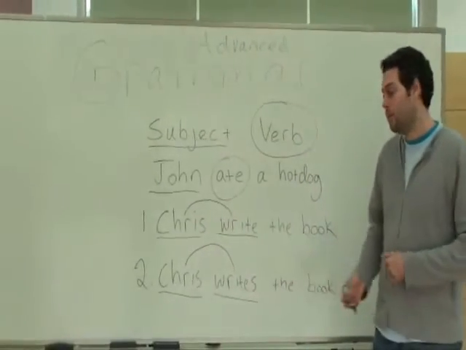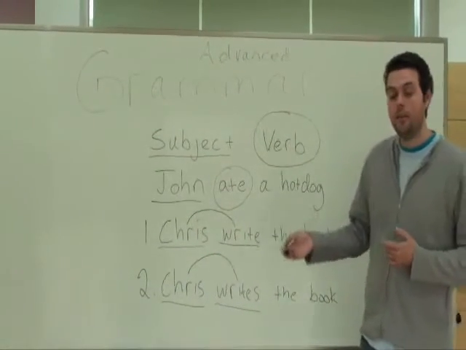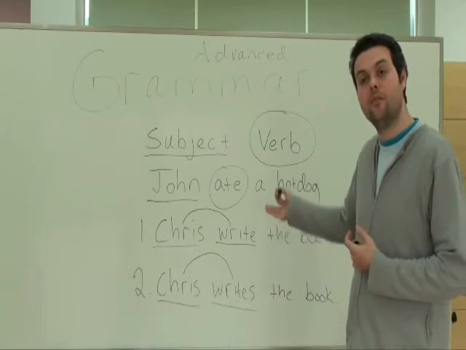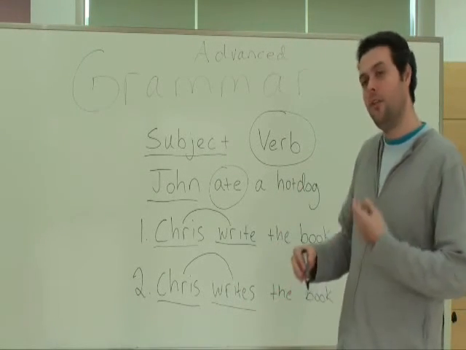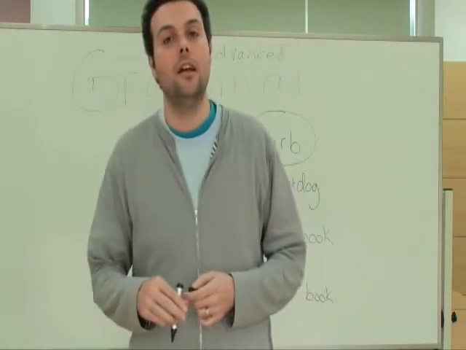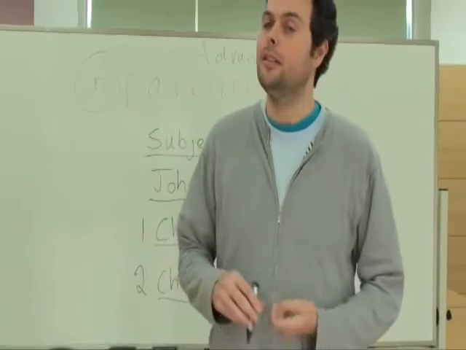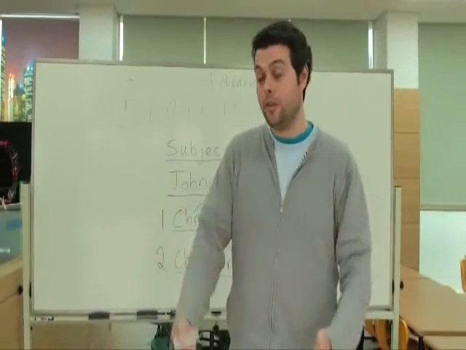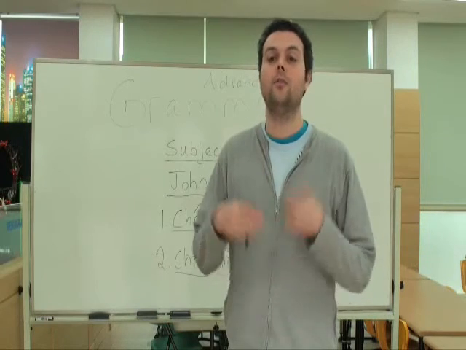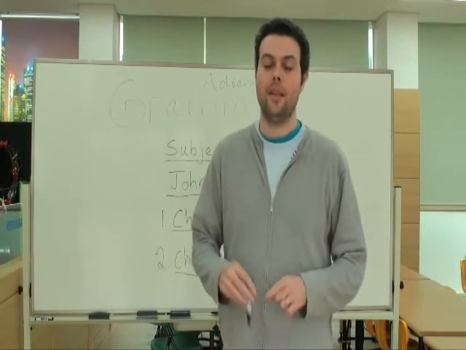Chris writes. Okay? So there you can see, it's very important to have your subject and verb agree, because if you were talking to me and you said, teacher, I writes the book, I would say, oh, okay, I understand what you were saying, but it sounds a little strange. So you would say, I write the book. Okay? All right.